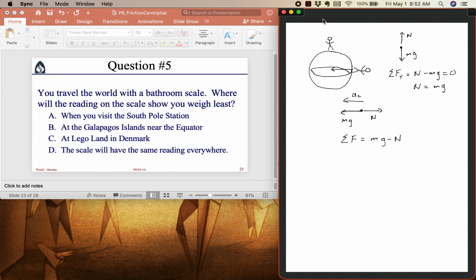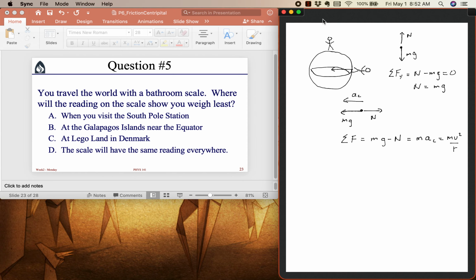The normal force is pointing away from the center of the circle. And so the difference between these two forces is now equal to your mass times your centripetal acceleration, or mass times speed squared over r, where the speed is your speed going around the circle.